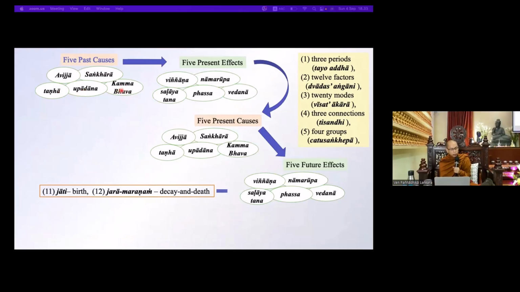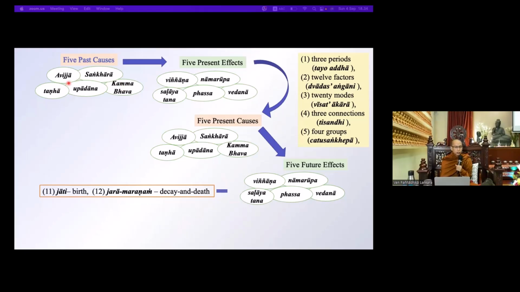So bhava is called karma bhava. Because sankhara and karma bhava are the same, they are included in the same group. So they become the past causes.